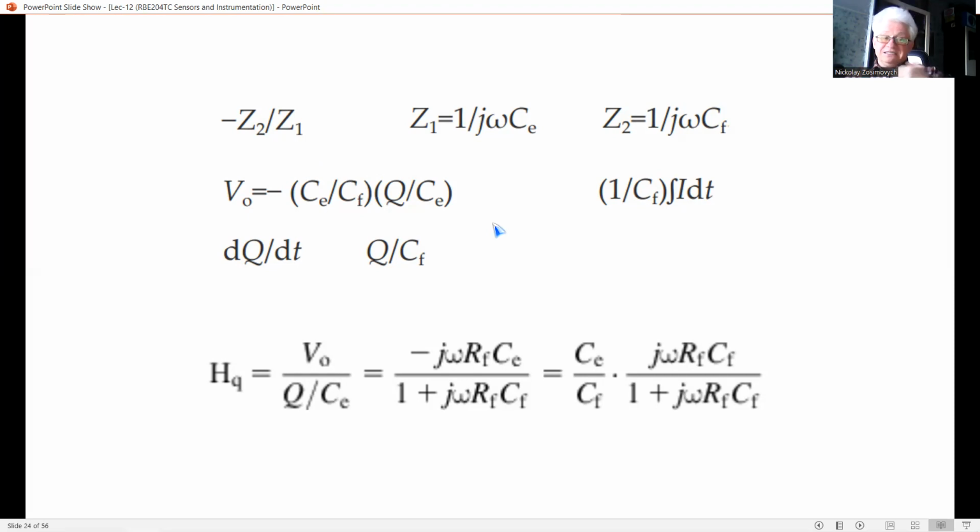Ideally, the circuit with a capacitor in the feedback path behaves as an integrator.